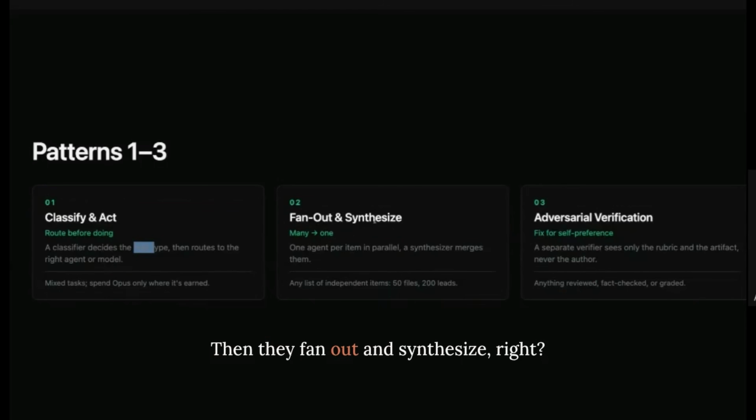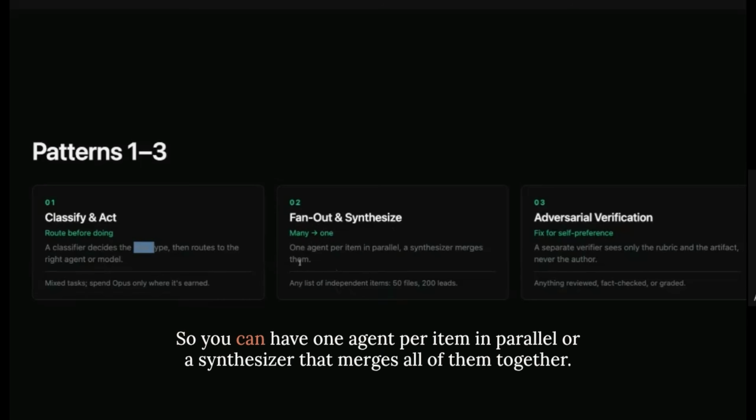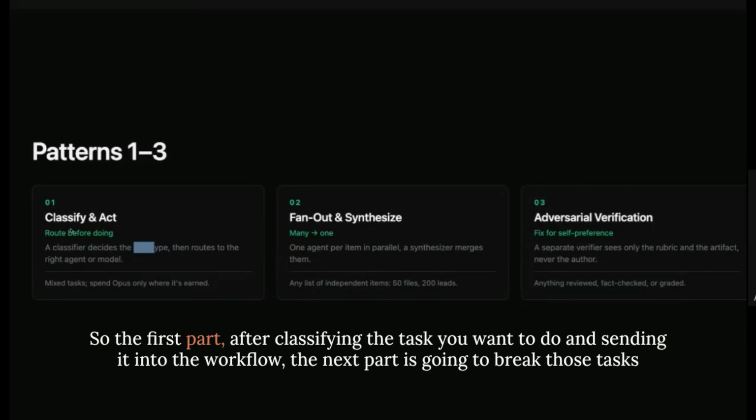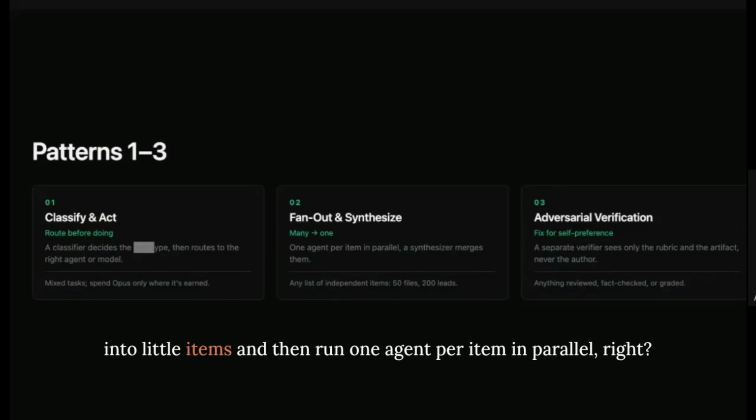Then they fan out and synthesize, right? You can have one agent per item in parallel, or a synthesizer that merges all of them together. So after classifying the task and sending it into the workflow, the next part is going to break those tasks into little items and then run one agent per item in parallel.